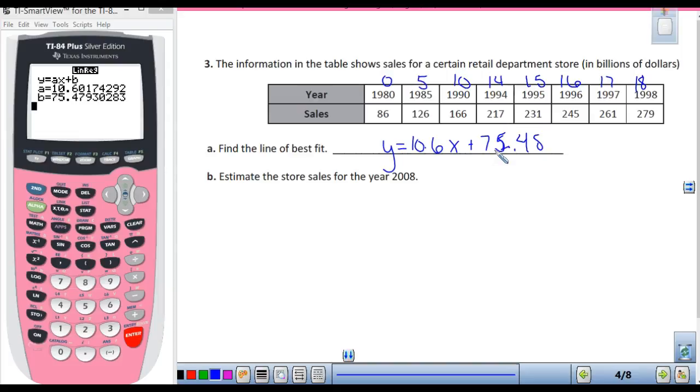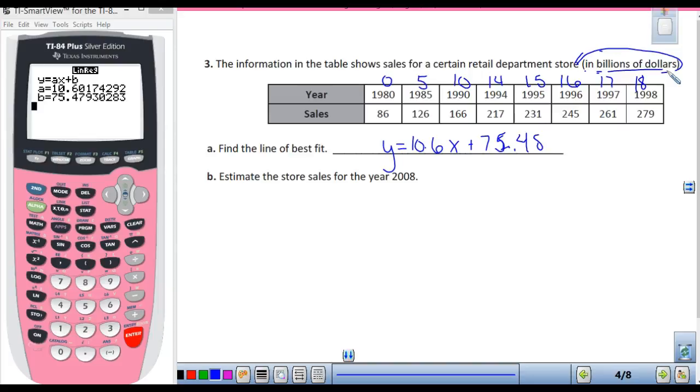So on average, the starting sales point was 75.48 billion, and every year their profits increase about $10.6 billion. I kind of want that company. I want some stock in that company, I think.